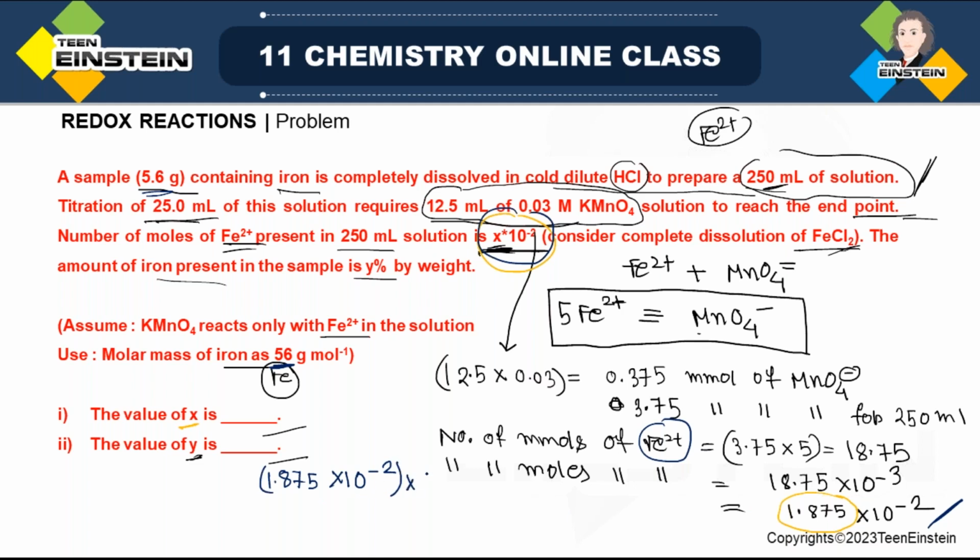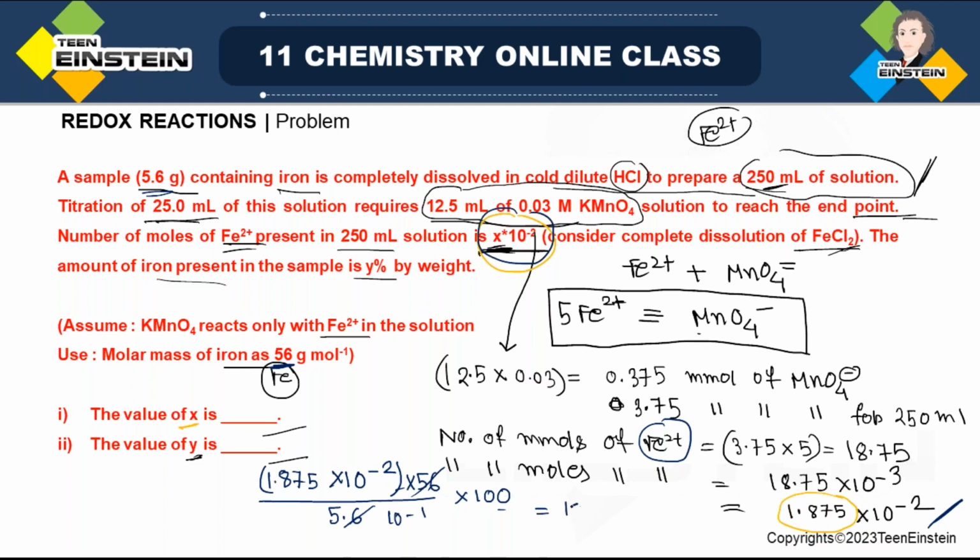If you convert it to mass, it should be multiplied by 56. So this is the mass of iron present in the sample, divided by the given mass, then multiplied by 100 so that you can get the percentage. Here the calculation is easy because of 56 and 5.6, so it will be 10 to the power minus 1, and then 10 to the power minus 2, these two will be cancelled.